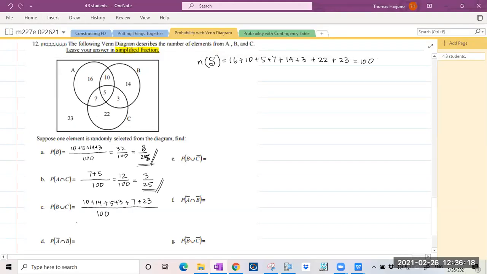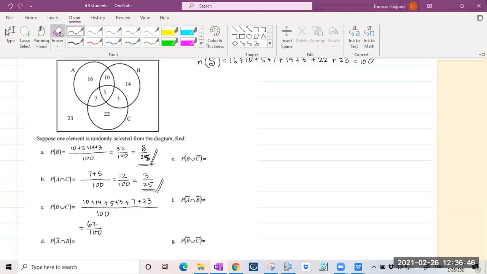If I add them, let me see, what do I get? So that's 24 plus 15 plus 23. That's 62. 62 over 100. Oh, no, sorry, I saw it wrong. Not 23, 22. Thank you. It's 22.